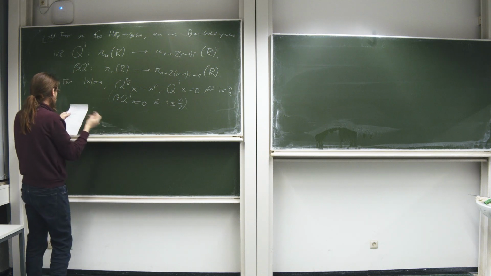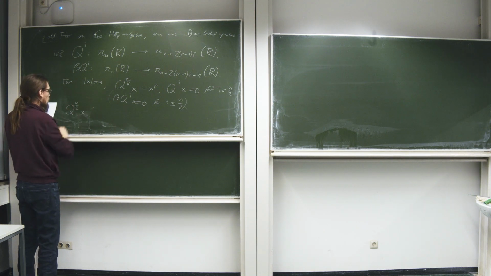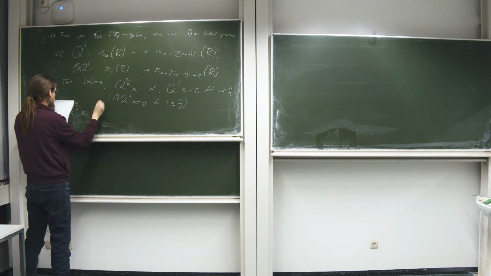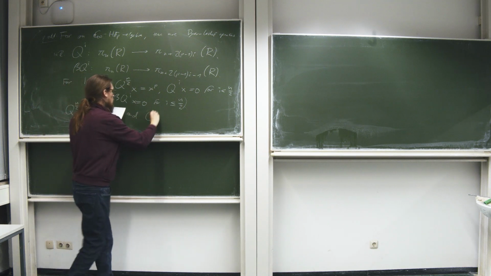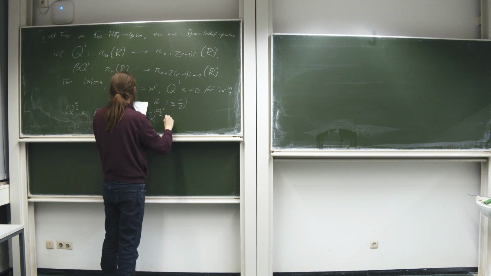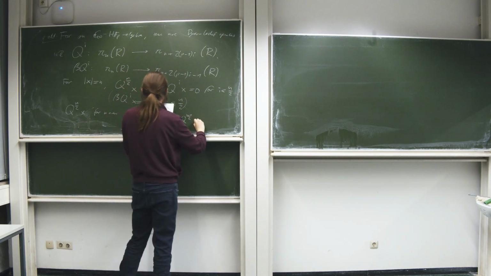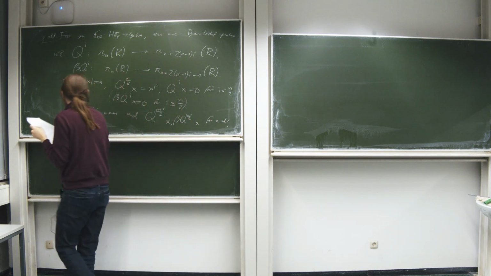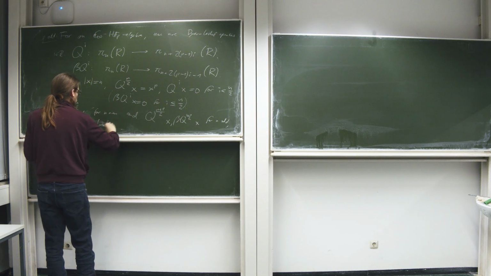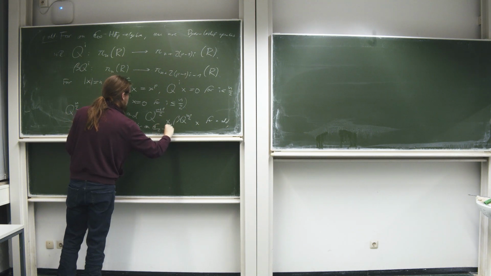So it turns out that on E2 algebras, we already have Q^{n/2} x for n even, and Q^{(n+1)/2} x and beta Q^{(n+1)/2} x for n odd. So these are already defined for an E2 algebra.